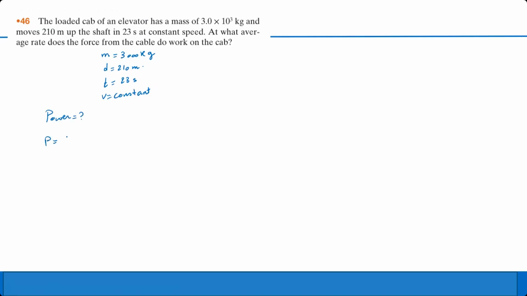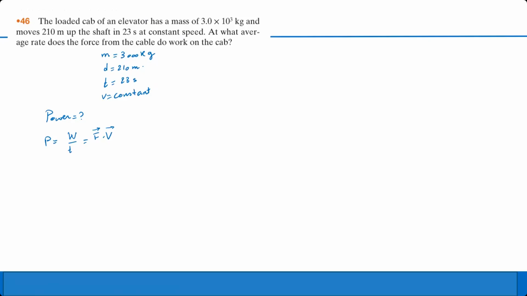So I have written the power formula, which is W over T or F times V. This is a dot product, by the way. Looking at the given, I didn't really find the force. Maybe I can try to find it to reduce the work done and then find the power, or I can find the force itself and multiply by the speed.